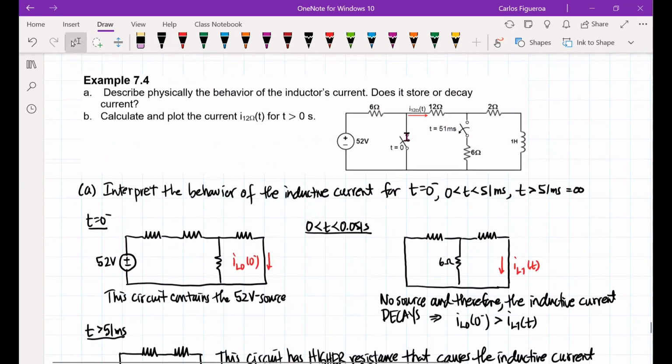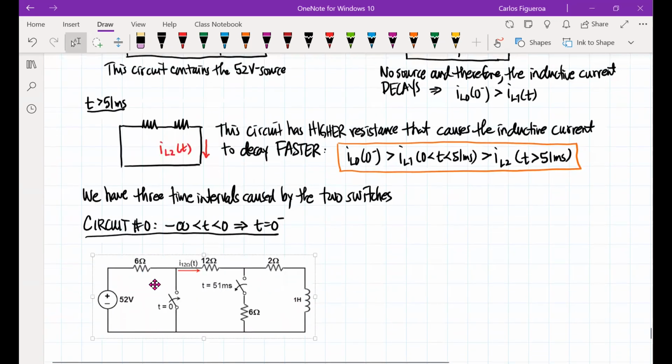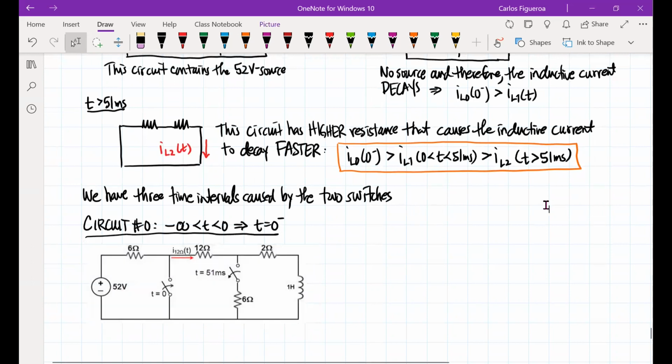When you look at that circuit, what am I actually seeing? Picture-wise, I'm seeing something like this. Let me find my mouse. So if I plug in my circuit, here's the actual circuit. I have the 52 volt source in the circuit, which is 52 volts.